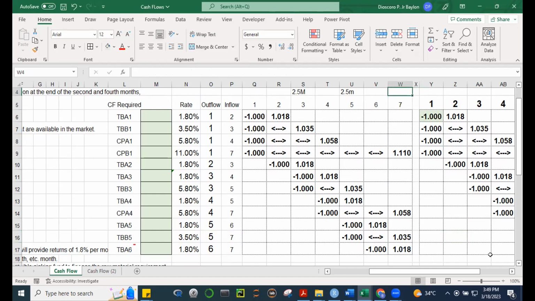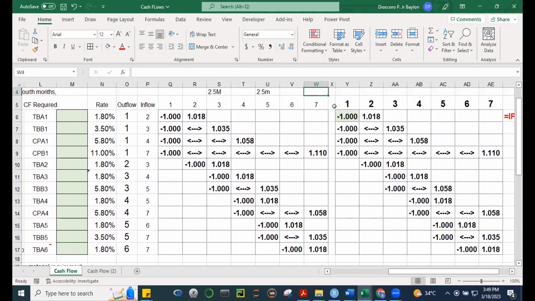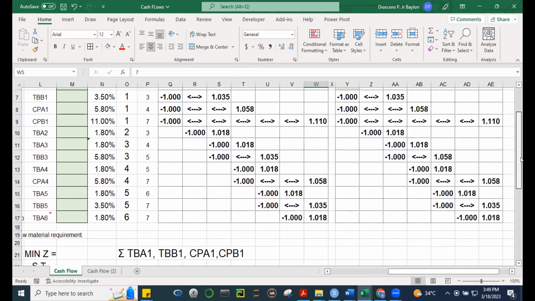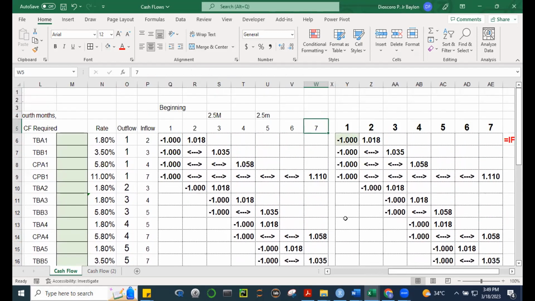So there is no need for reinvesting, because this closes our transaction. By the beginning of month 7, we should have already paid the balance of 3 million. Whatever we get, everything should equal 3 million, and everything should be used to pay our supplier. That closes this cash plan for our investment, for our operating expenses for our supplies.